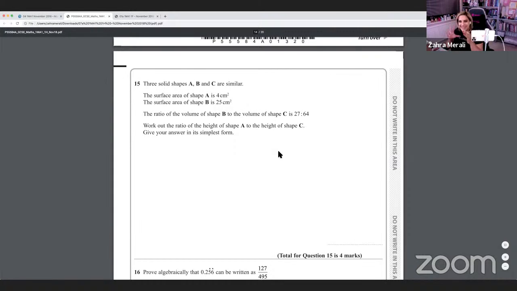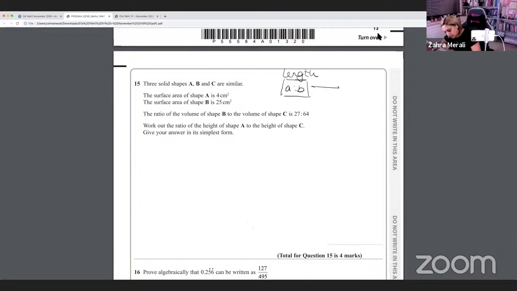Okay, so in general, when we're talking about ratios and scale factors, we have the ratio of your lengths, A to B. If I want to go from a ratio of the length to the area, what I've got to do is square it.